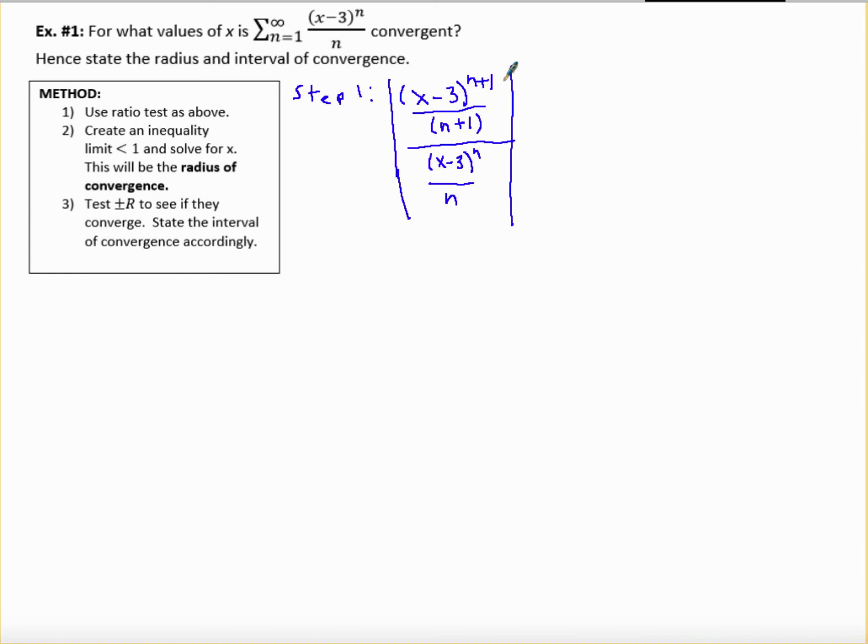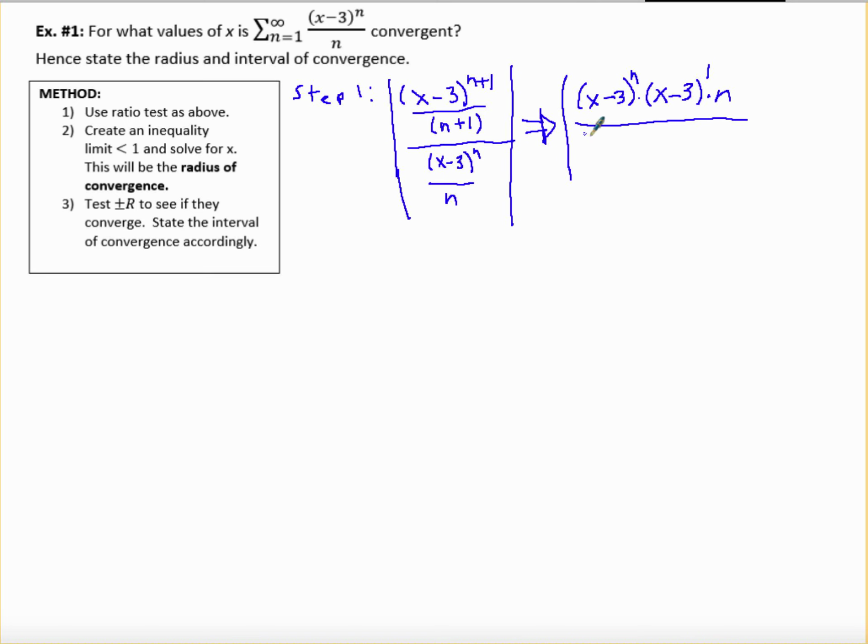Okay, so let's move forward and simplify. I can use my rules for exponents to kind of break this apart. I'm also going to use my division at the same time. So I've got x minus 3 to the n power multiplied by x minus 3 to the first power. And I'm multiplying by the reciprocal, so I'm going to end up multiplying by n. You could either put the 1 there or not, it doesn't really matter.